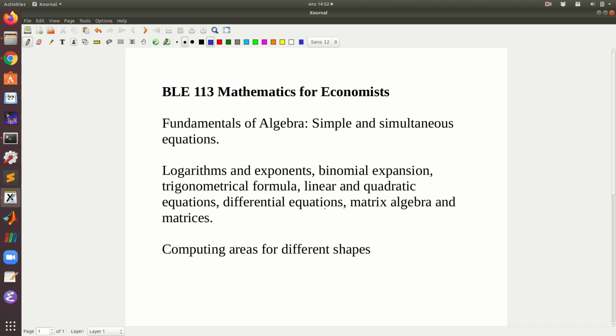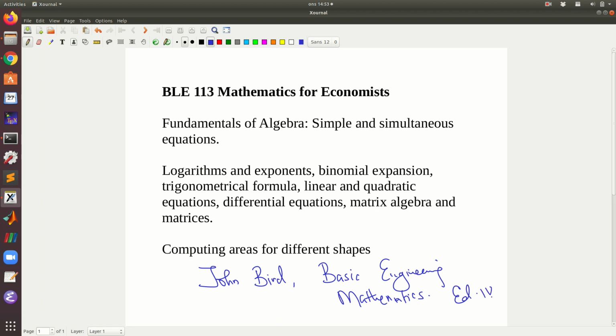Okay, so this is the course outline, and the course material I will share with you later. The book we are going to use is by John Bird, and it is Basic Engineering Mathematics, the 4th edition.